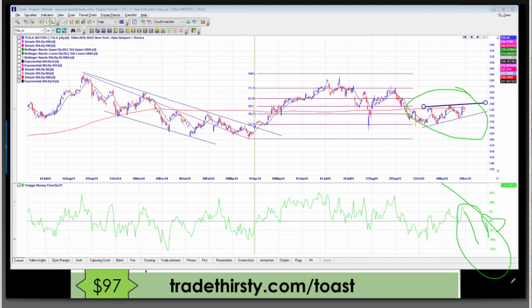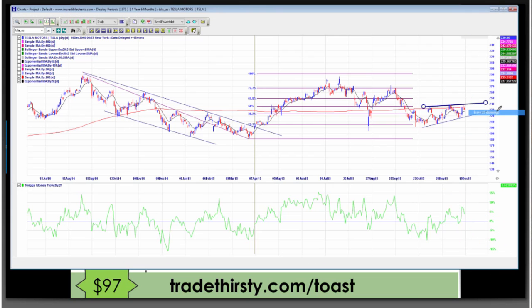You can't look at 8,000 stocks a day. This is why scans come into place. The whole purpose of having scans is to find the right setups. TSLA is a rising wedge, which is bearish, but even though the stock is rallying in a bearish formation, there's a significant, strong undertow in the money flow.